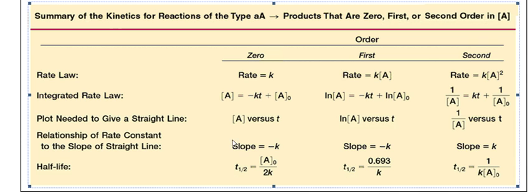Also, this next row here where it says the slope is negative k, and then for a second order positive k, that just reinforces this middle row here. So again, take what you want from this. For calculations, we'll only do first and second order type reactants.